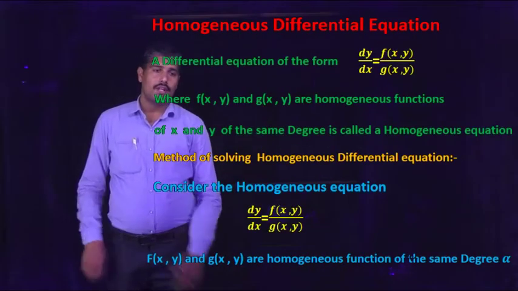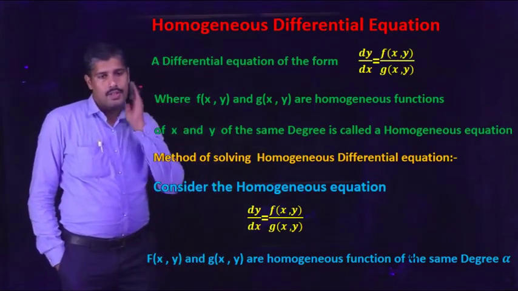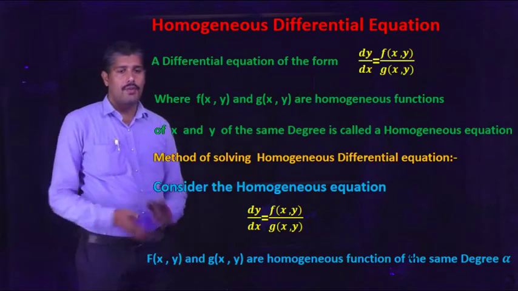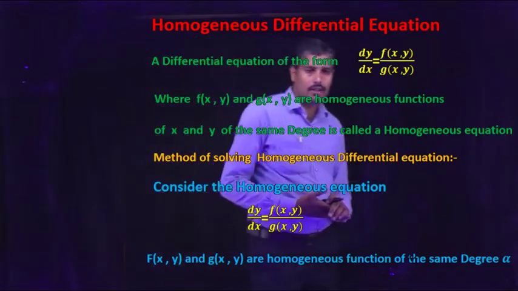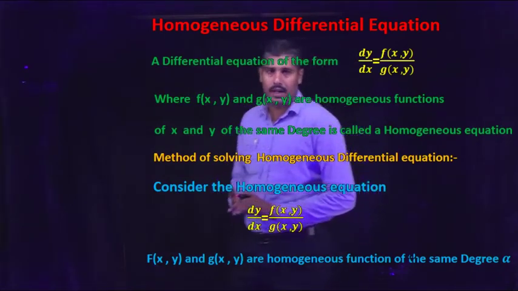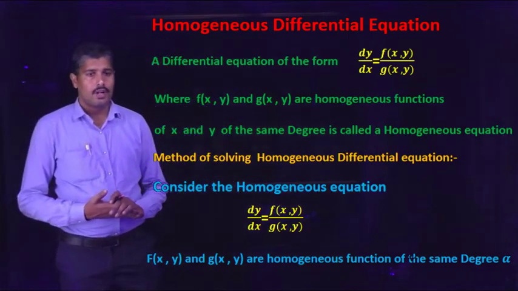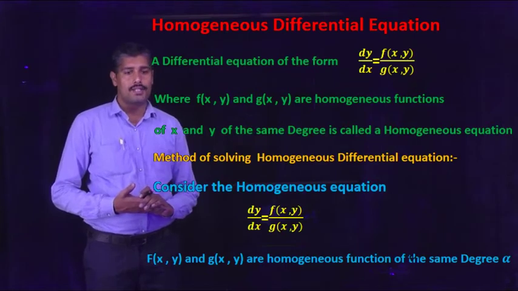See, homogeneous differential equation. What is a homogeneous differential equation? A differential equation of the form dy/dx = f(x, y)/g(x, y), where f(x, y) and g(x, y) are homogeneous functions of x and y of the same degree, is called a homogeneous equation.